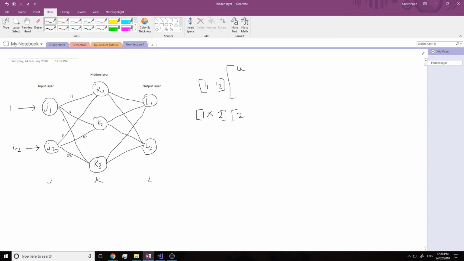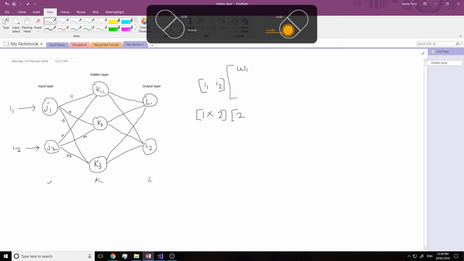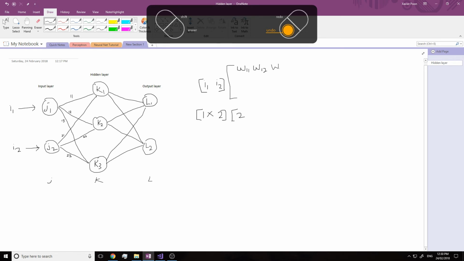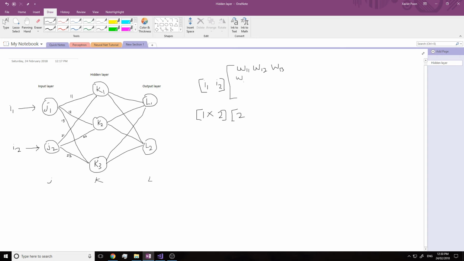It will be W11, W12, W13, and so on. Okay, so it has 3 columns, and we know from looking at the outside numbers that the resulting matrix will have 1 row and 3 columns.